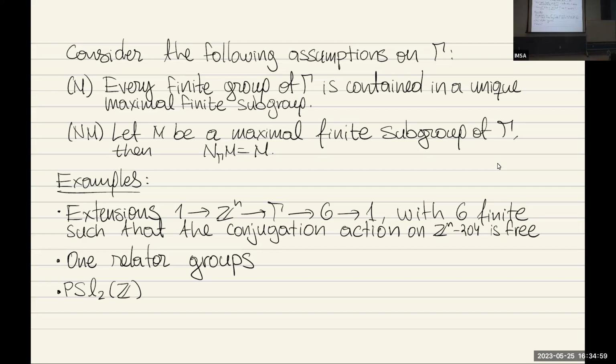It says that any maximal finite subgroup of gamma has a normalizer equal to itself. About the first property, if you consider the poset of finite subgroups, things like that in the poset cannot happen. It is forbidden if the M property is satisfied.